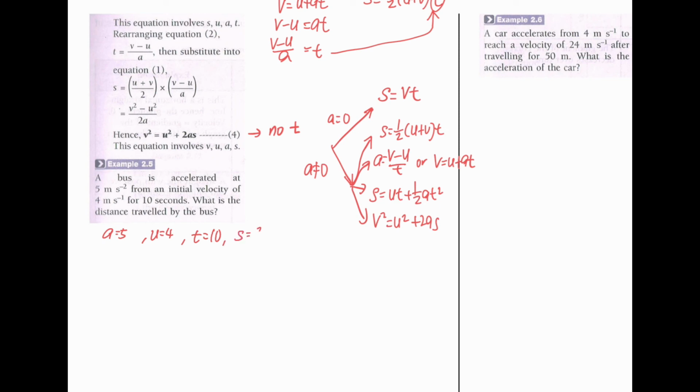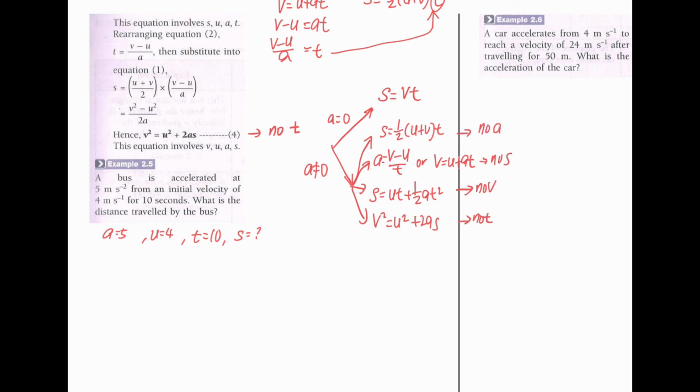Distance traveled, so that means the displacement. So we have s, u, a, t, we don't have v, no v. So the formula with no v is this one. No v, this one no t, this one no s, this one no a.